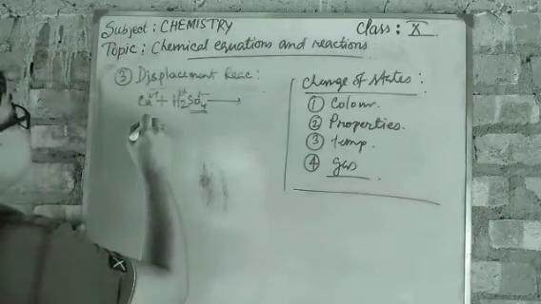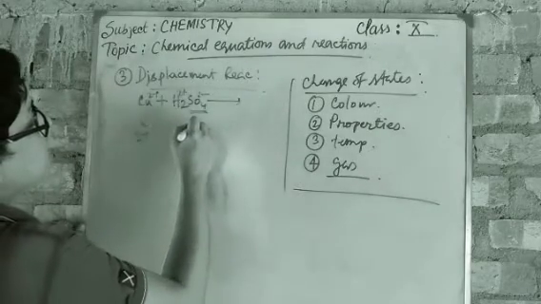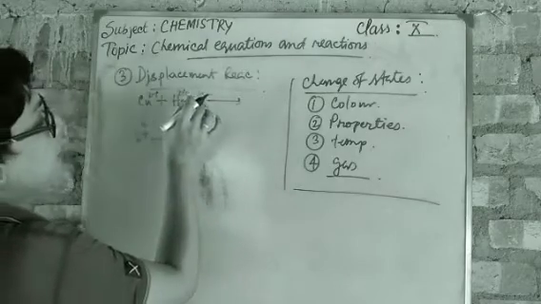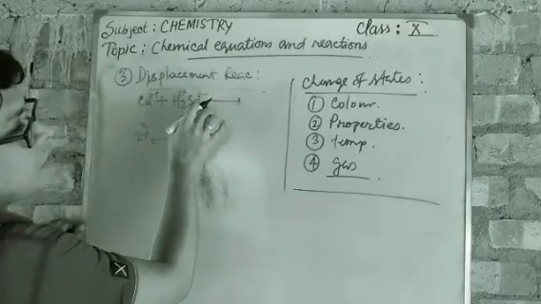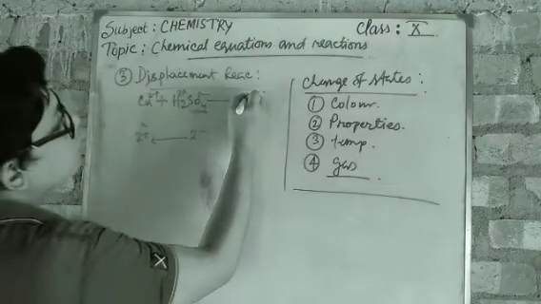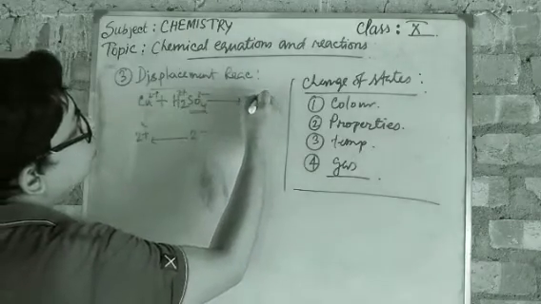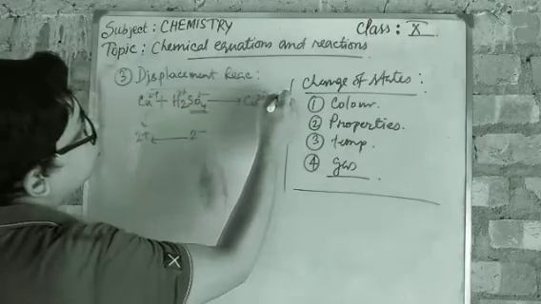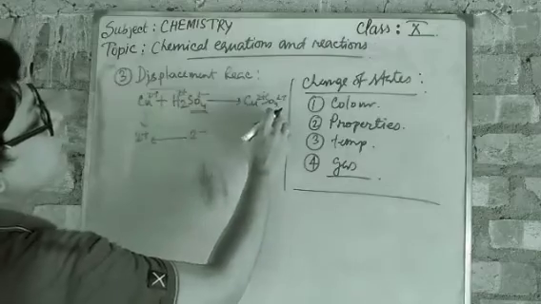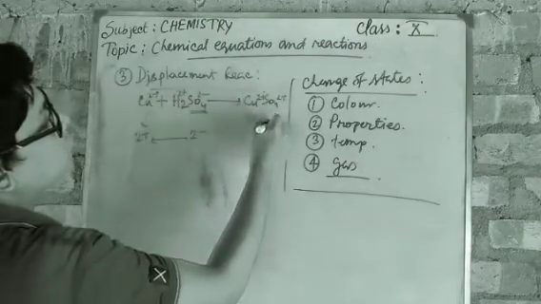It means the sulfate ion's place will be along with the copper ion. So it will come as Cu2 plus SO4 2 minus, a neutral product. It means CuSO4 plus H2.